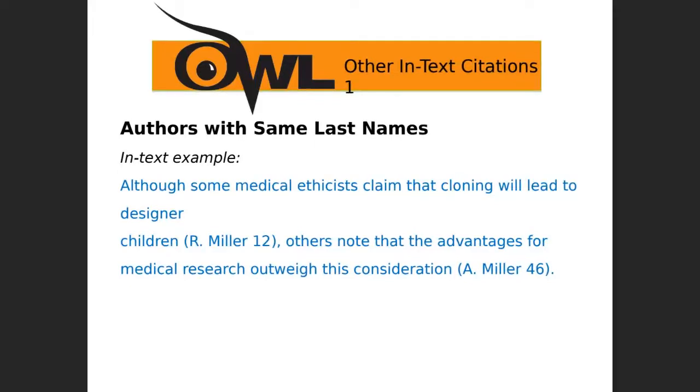If we have a Ronald Miller and then a Watkins Miller, we're going to put that R period to say we're talking about Ronald Miller. Or here we have A Miller, so let's say that's Alexander Miller. We want clarity. That's really what formatting is all about.